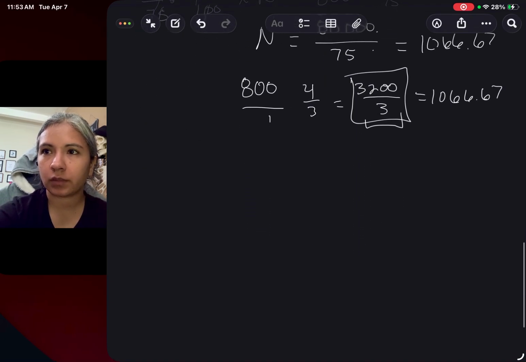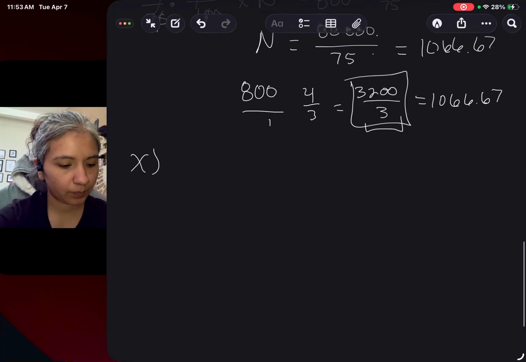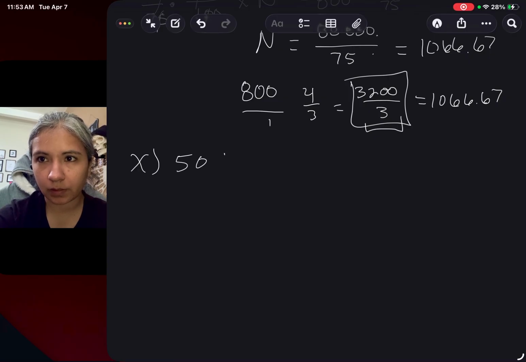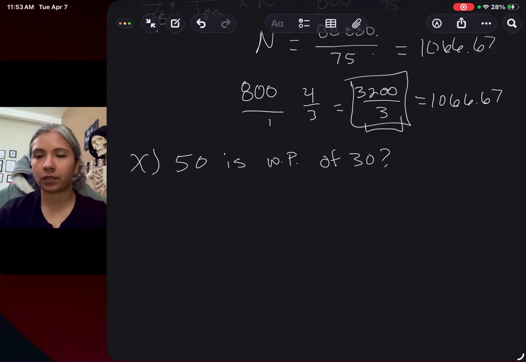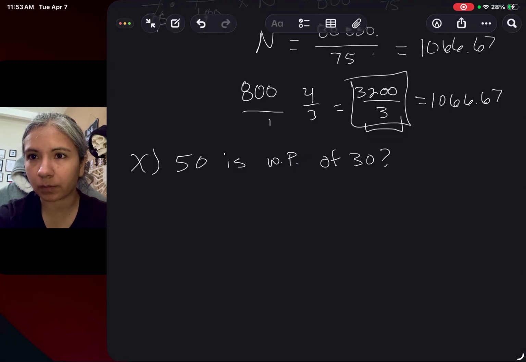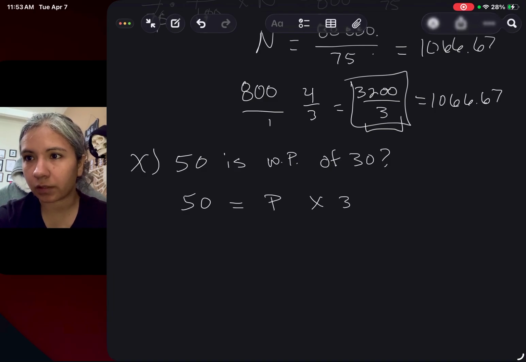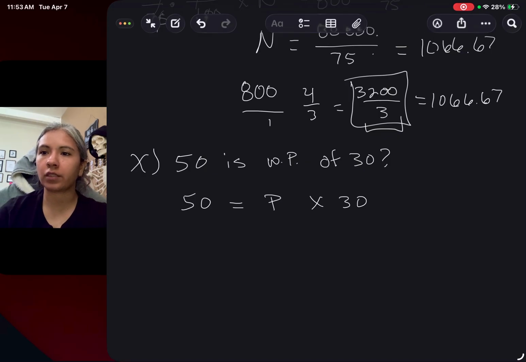Let's do another one. Okay, so let's say 50 is what percent of 30? So let's convert this into an equation first, and then let's talk about it. So 50 equals, we're looking for the percent, "of" is multiplied, and 30. So here's our equation.